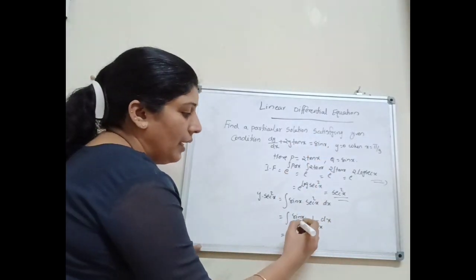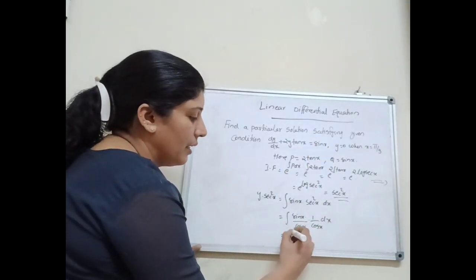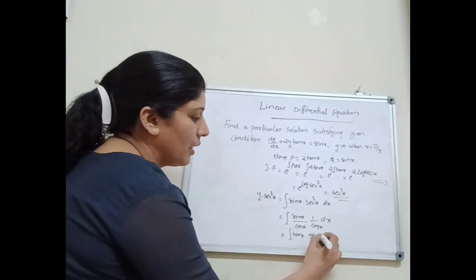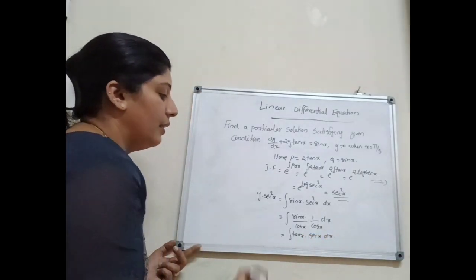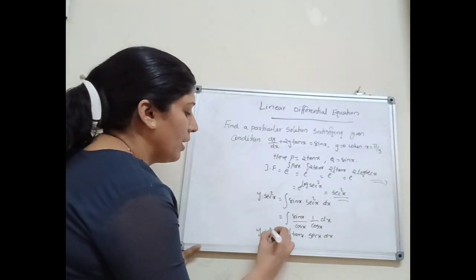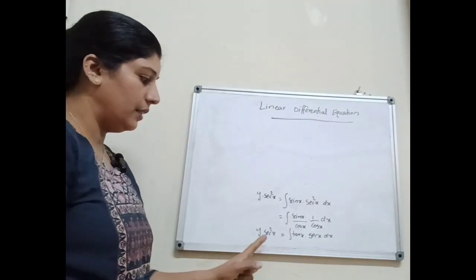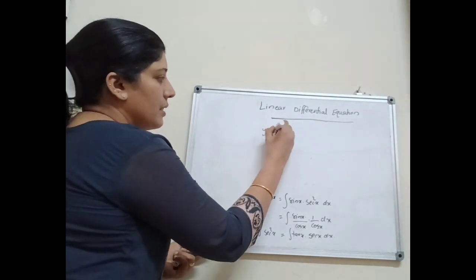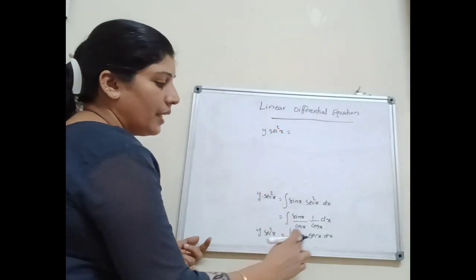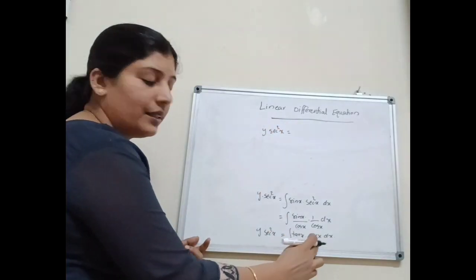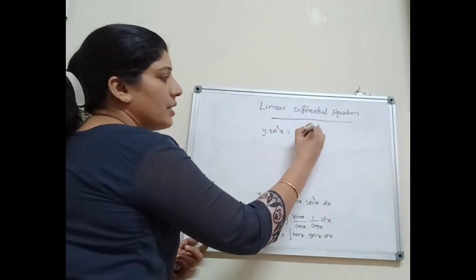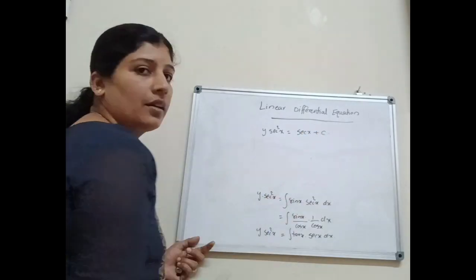That is equal to, sin x by cos x is tan x, that is integral tan x into sec x dx. That is y sec square x equal to integral tan x into sec x. Therefore, y sec square x equal to integral sec x into tan x dx, which is sec x plus c.